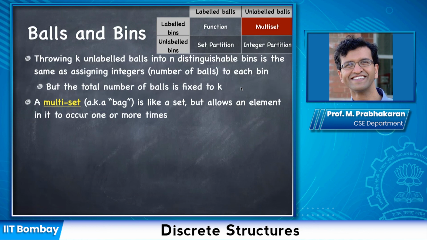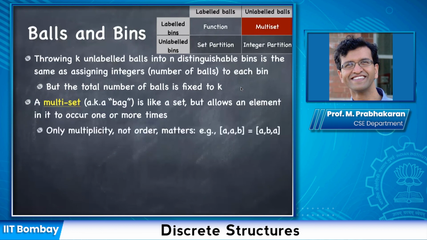In a multiset, it may not occur, or it can occur once, twice, or any number of times. So you need to specify how many times an element occurs. It's only the multiplicity that matters. The order doesn't matter. I'm using square brackets here to denote the multiset. So there's a multiset consisting of two A's and a B, and it doesn't matter whether I write it as AAB or ABA. It's just two A's and a B.